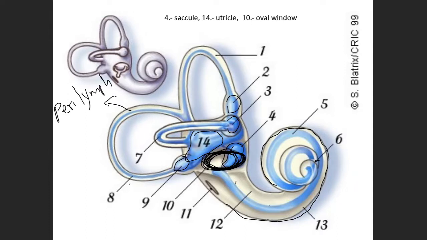And then inside the membranous labyrinth, inside the membranous sac, there is another liquid called the endolymph. So there is liquid inside the membranous structure, and there's liquid outside bathing the membranous structure, between the bone and the membranes.